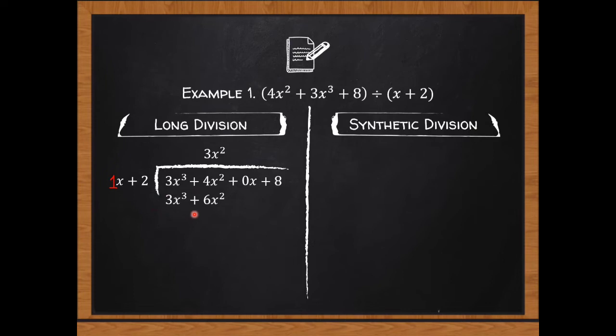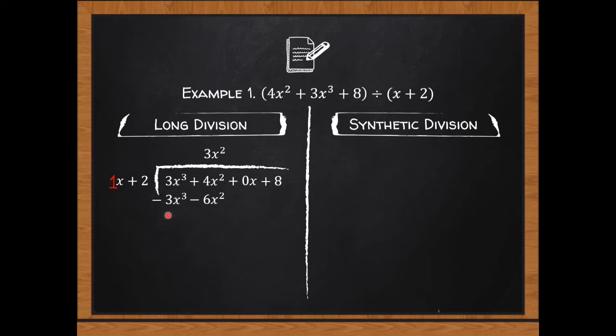Ang next step po natin is subtraction. Isasubtract po natin itong nakuha nating sagot dun sa first term and the second term of our dividend. But then, to perform subtraction, kailangan po nating palitan ang sign ng 3x cubed at ang sign ng 6x squared. So magiging negative 3x cubed na siya and then negative 6x squared na dito.